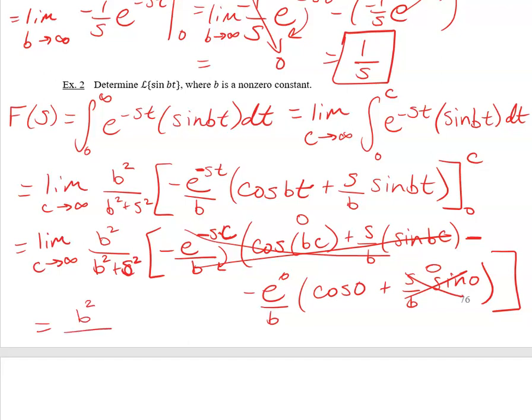So we have b squared over b squared plus s squared times basically what was left. Remember, you had a negative and a negative, 1 over b. And that's really what that limit simplifies down to. And I've got a b squared over a b, so that reduces and leaves me with b over b squared plus s squared. And that is the Laplace transform for the sine of bt function.